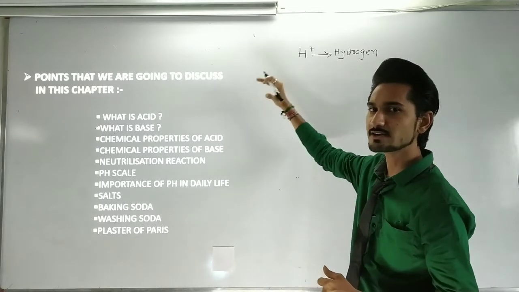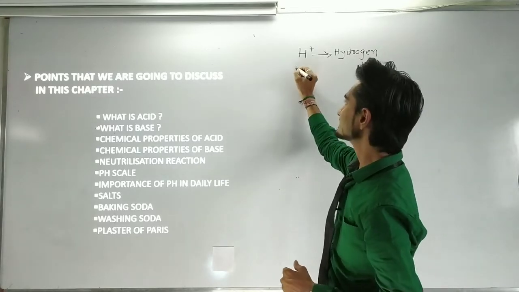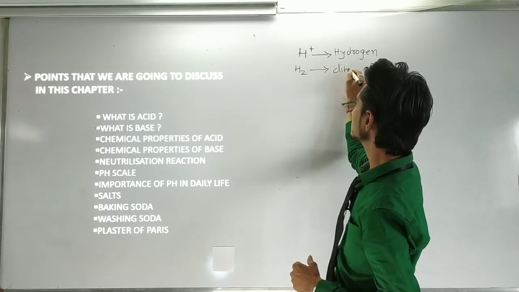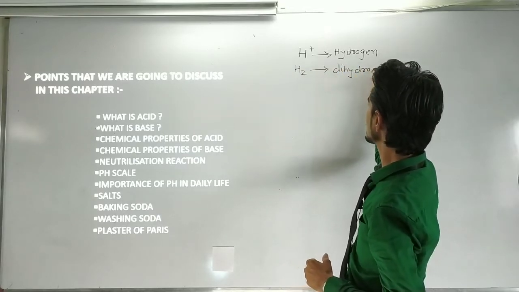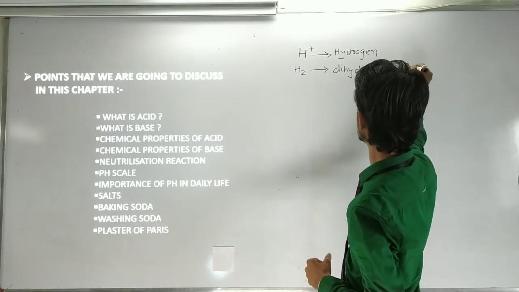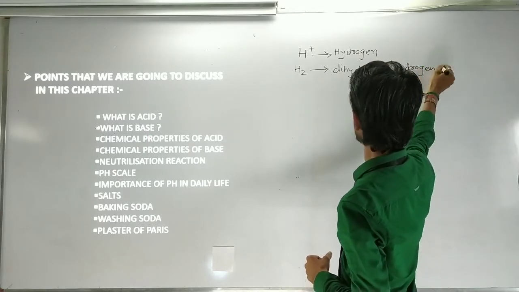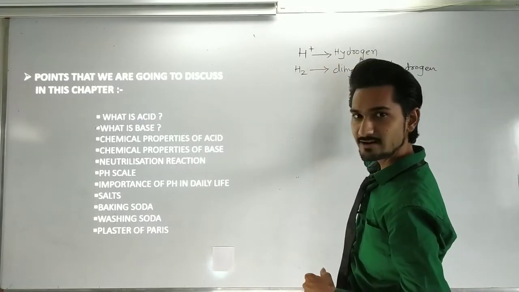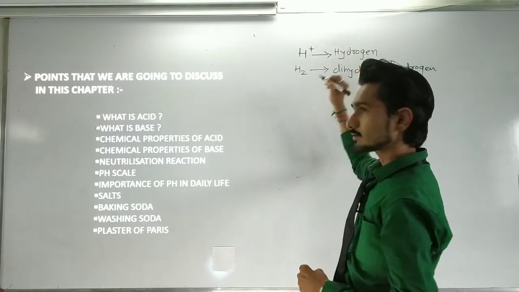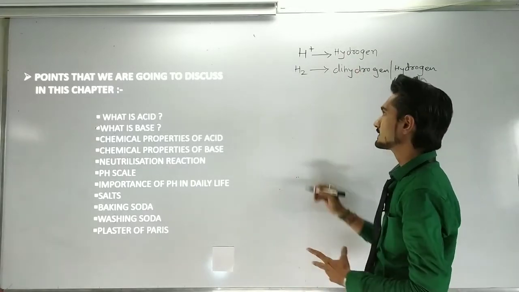Sometimes H plus is written there. Another is H2, which will be written as dihydrogen, or sometimes it will also be called hydrogen. See, H plus is a hydrogen ion while H2 is a molecule.